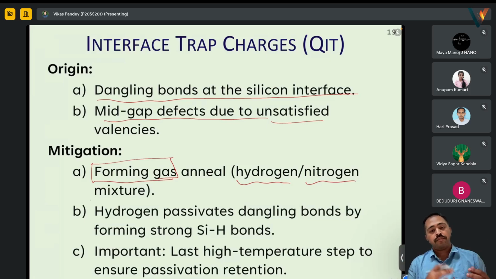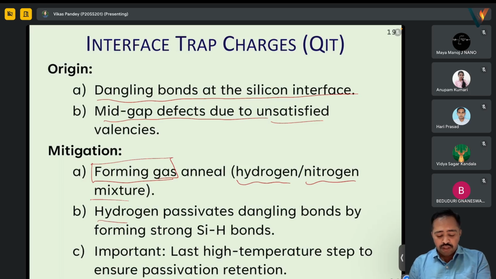So after all this oxidation has been done, and some nitrogen flow for some time, the forming gas, a mixture of hydrogen and nitrogen gas, is given to the chamber and then it is annealed.